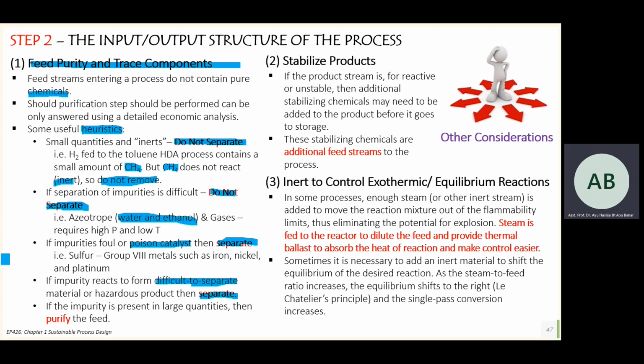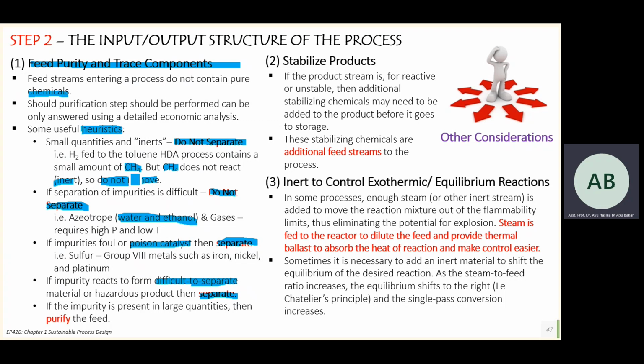Let's say just now we were using CH4, a small amount of CH4. Initially it is a small amount, but perhaps after it goes to the second reactor, it reacts with another type of chemical and produces a product which is difficult to separate, and it will affect your process.